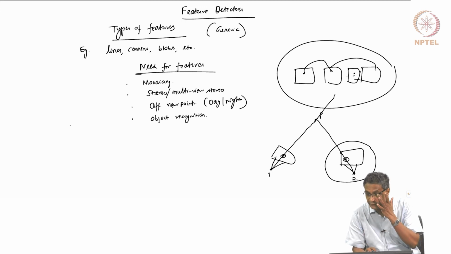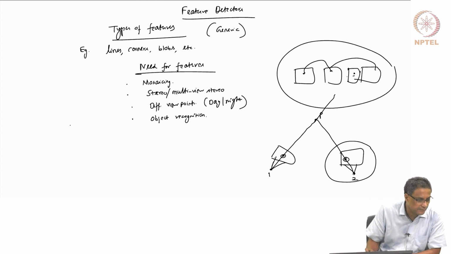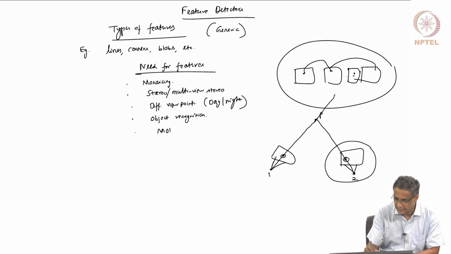I mean, there is something called HOG, histogram of oriented gradients. So there are various types of these features. Each one has something that is sort of interesting.